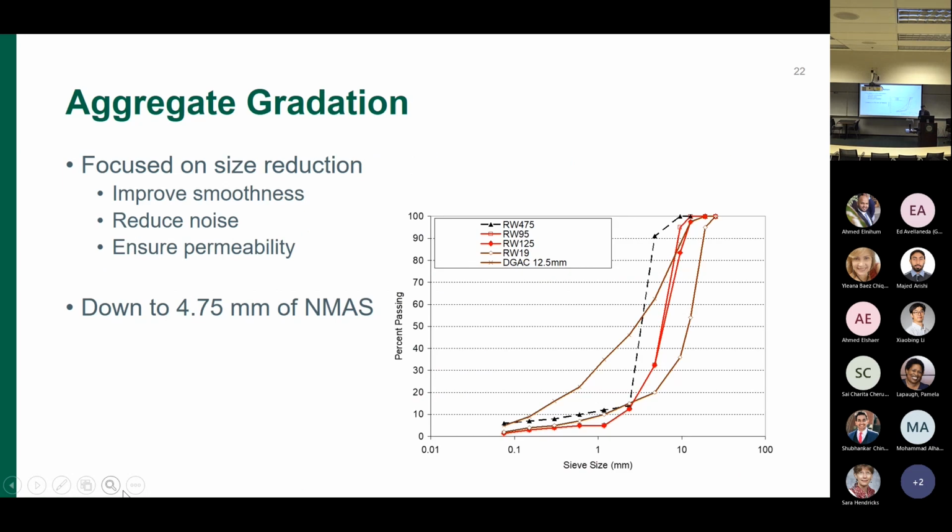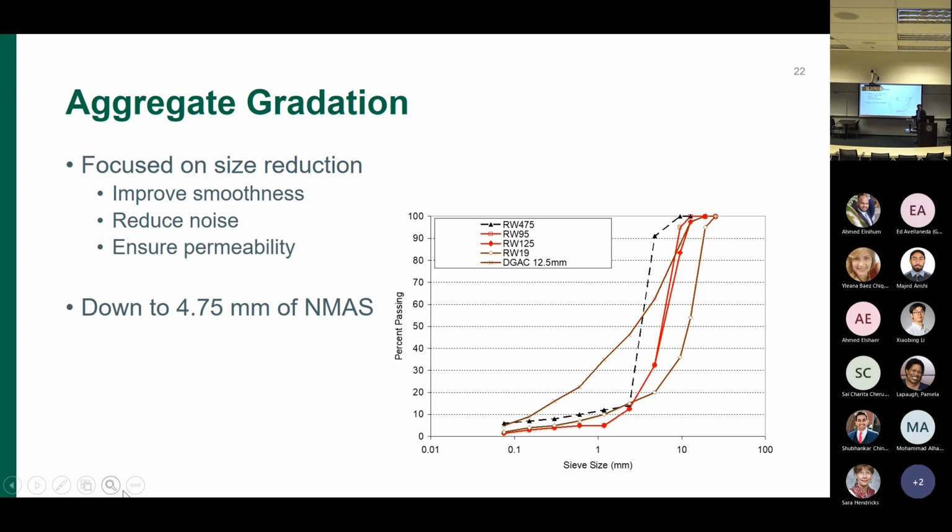We included four different aggregate gradations in the experiments, with different nominal maximum aggregate sizes from 4.75 millimeters, which is a very small aggregate size, about 0.2 inches, to a maximum aggregate size of 19 millimeters, which is about 3/4 of an inch.